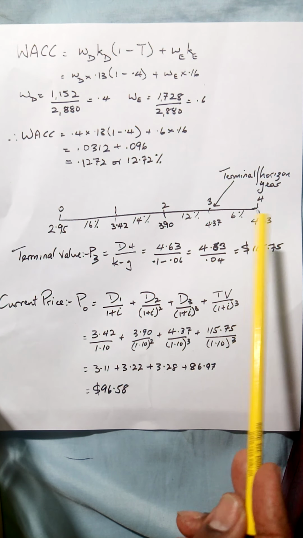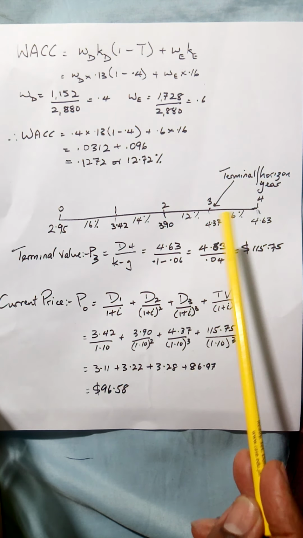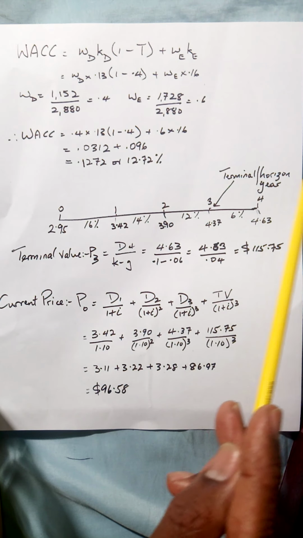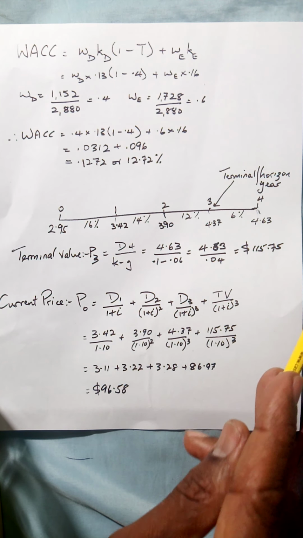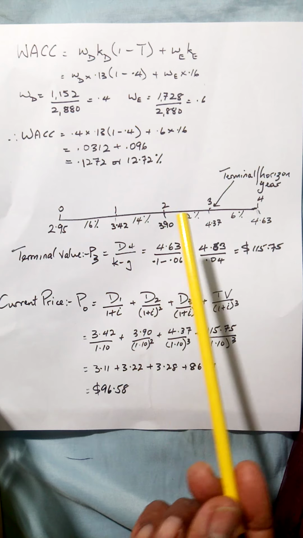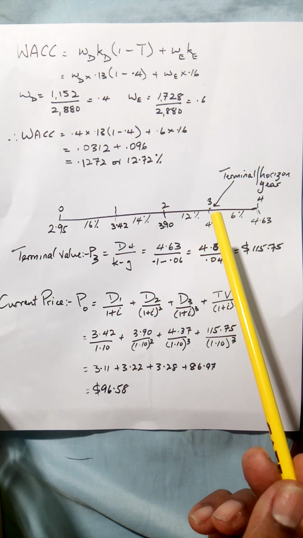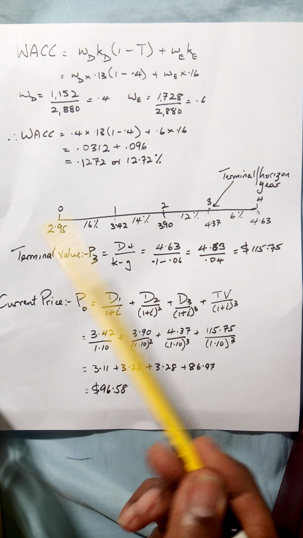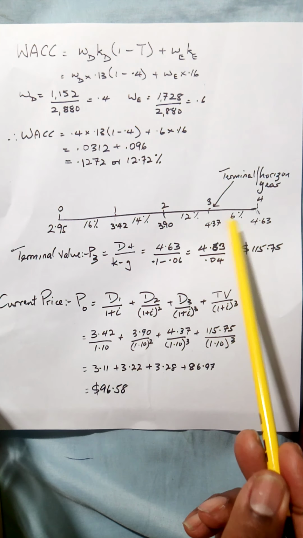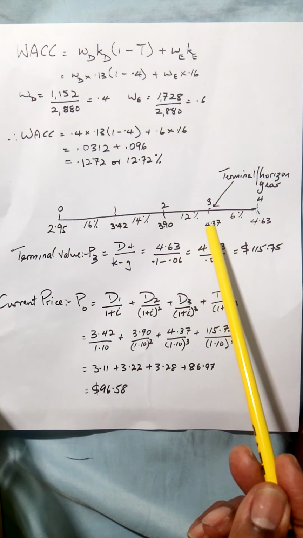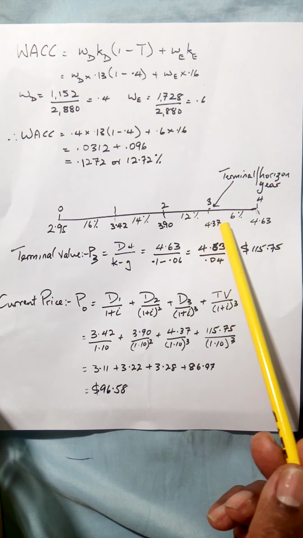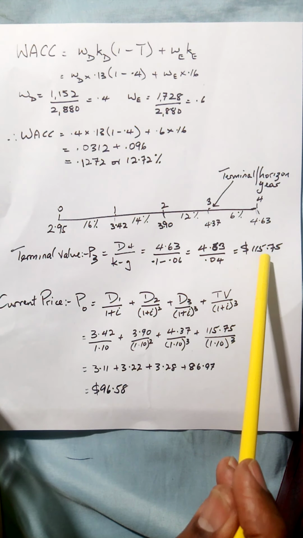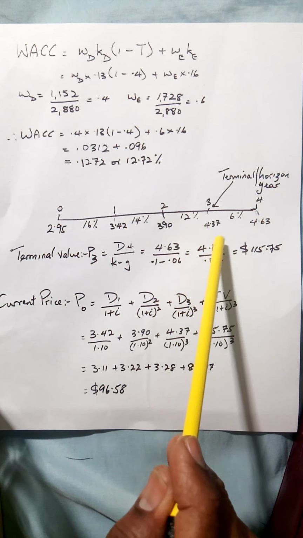So we don't even need to know whether the company survived to be 10 years old or 50 years old or 100 years old. It doesn't matter. Because it is the constant growth period, we apply the constant growth equation and we find the value of all the cash flows of the constant growth period, which is 115.75 in this case.